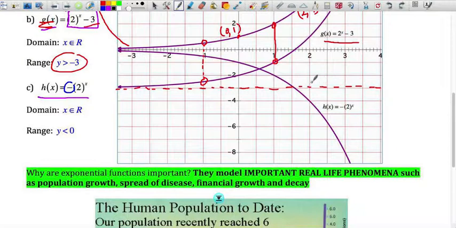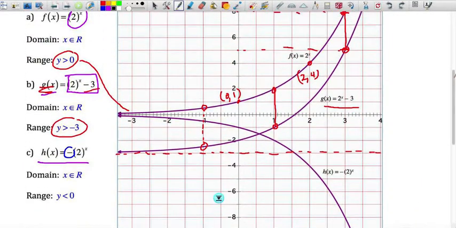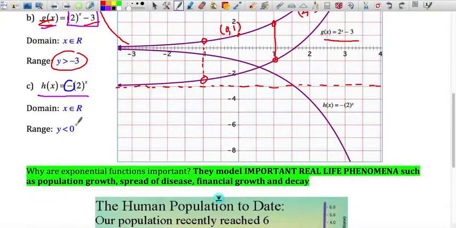As the value of x increases, the value of y gets smaller and smaller. And so in that case, it's a reflection of the growth function. And in this instance, we do have y values which are negative, but that is because the graph has been flipped upside down. And that again we'll talk a little more about in a future lesson.